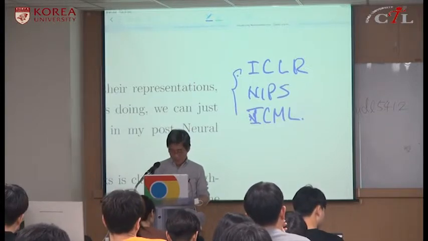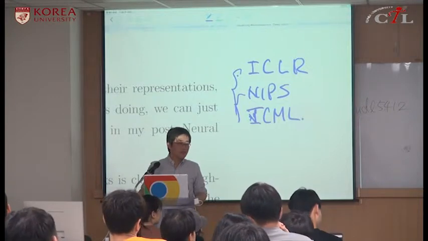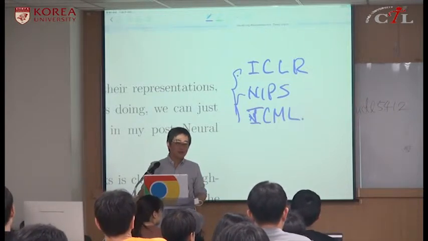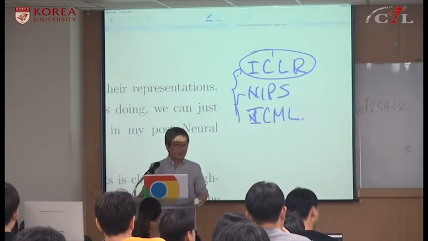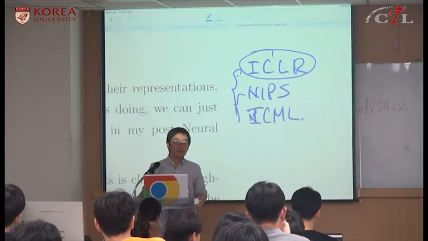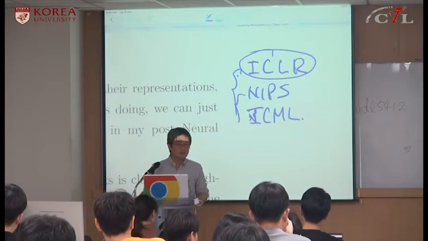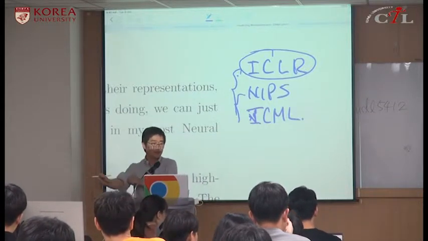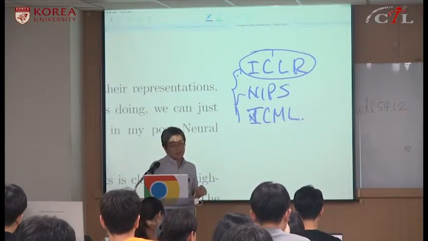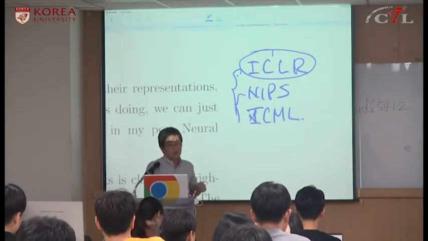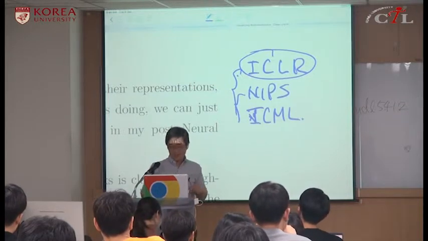These two have been around for several decades, for at least 10 to 20 years, I think. But ICLR started just maybe 5 or 6 years ago, or 6 or 7 years ago. So it is a really new conference, but it quickly became the most prestigious conference within this domain.